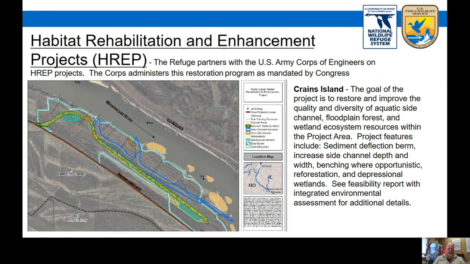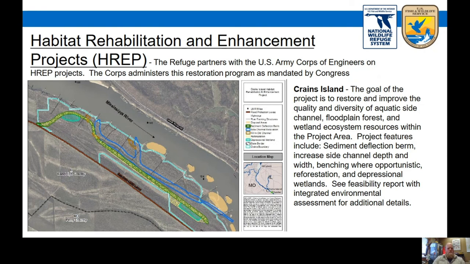This raised earthen berm is intended to deflect heavy current and associated coarse sediment toward the main channel, leaving behind an annual accumulation of fine, silty sediment that will hopefully build the building blocks of the soil types that hard mast species like oak and pecan prefer.